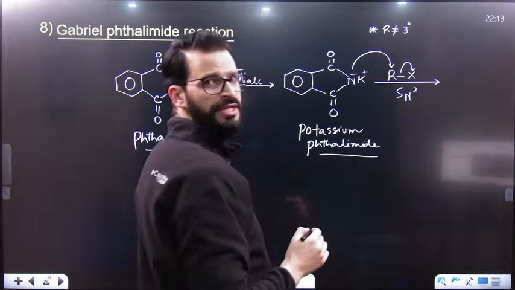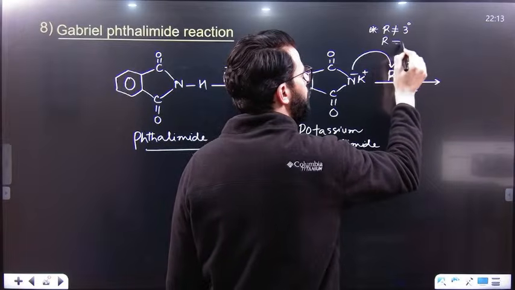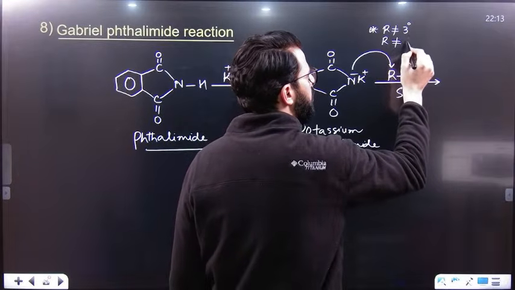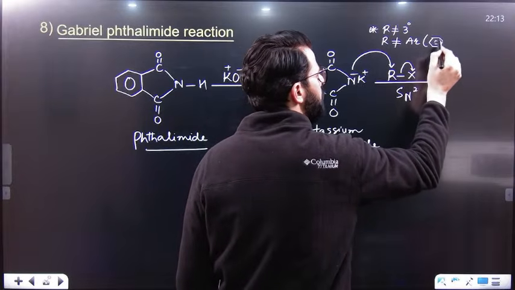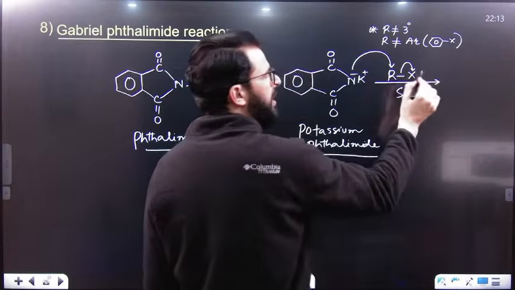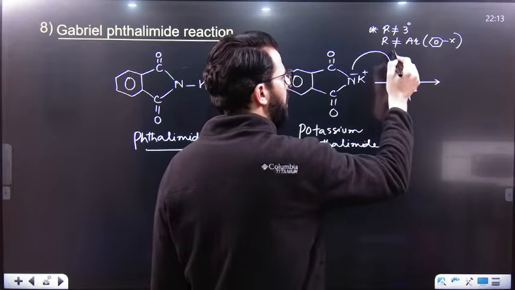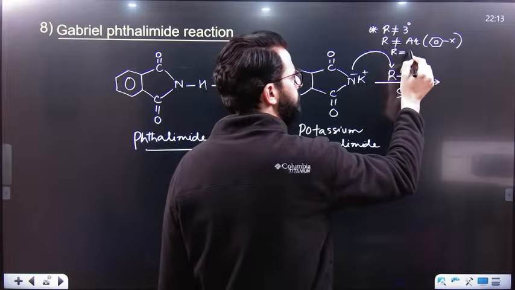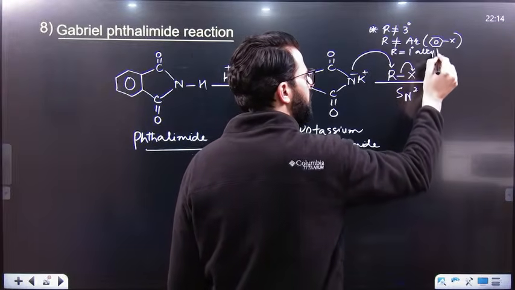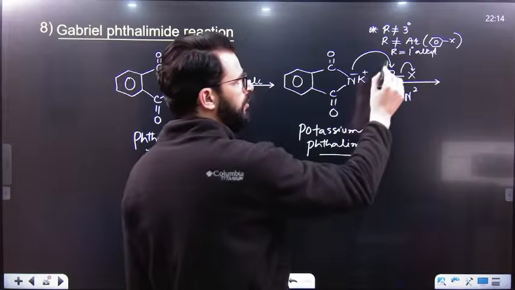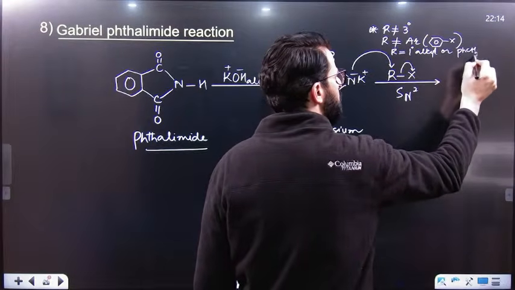That means a tertiary alkyl halide cannot show the reaction. And second, R can never be an aryl group. For example, RX can never be aryl halide. So R can be any alkyl, generally 1 degree alkyl, or it can be benzyl, for example PhCH2.